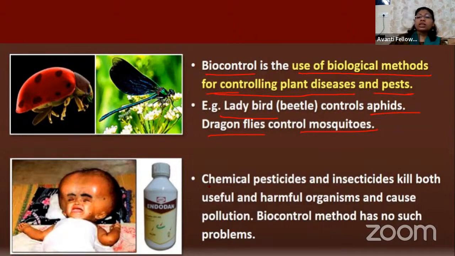We can say chemical pesticides and insecticides kill both useful and harmful organisms and cause pollution as well. The biocontrol method has no such problems, because these are insects already present in our atmosphere. We are not introducing any foreign species or using any harmful chemical.